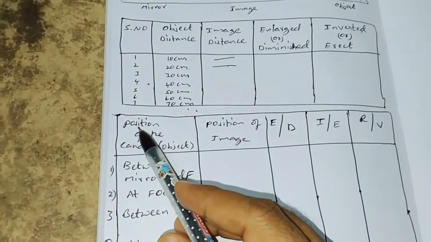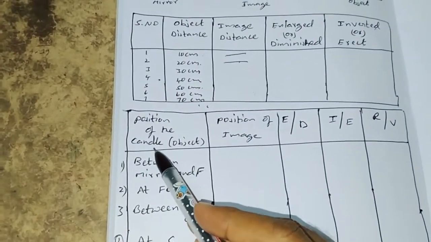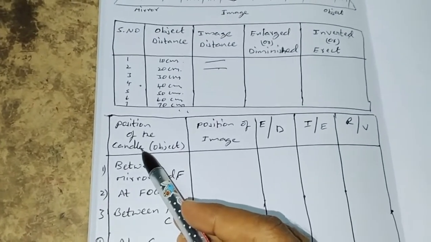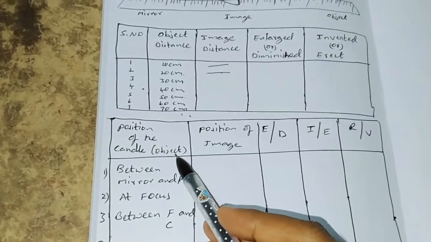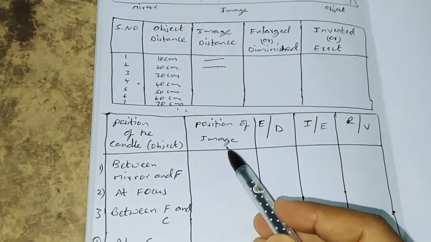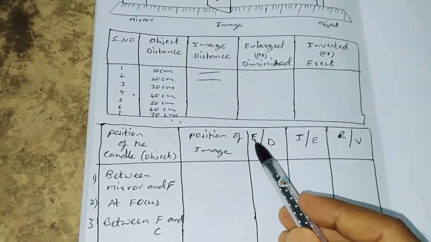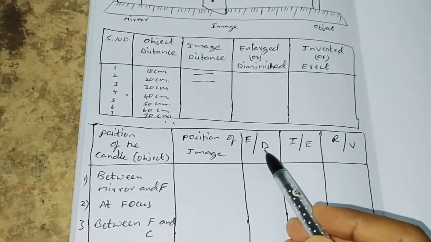First, how can we rearrange this table, sir? First, position of the candle. Position of the candle means here the candle is acting as the object. So position of the object. Next, position of the image. Next, is it enlarged or diminished image?